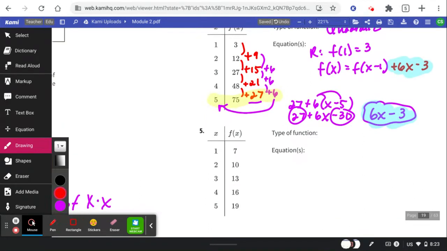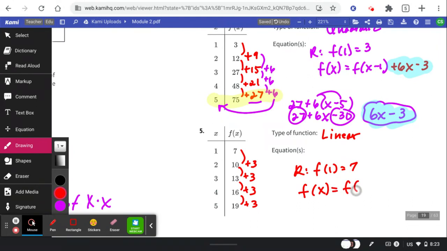Okay. Next one goes from a 7 to a 10. So this one is linear. So f of 1 equals 7. f of x equals f of x minus 1 plus 3.